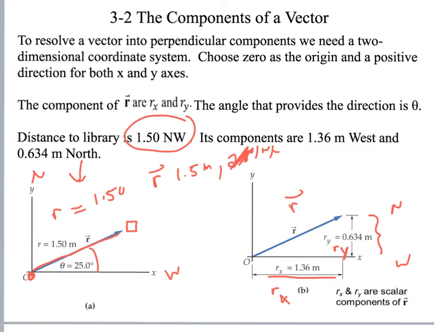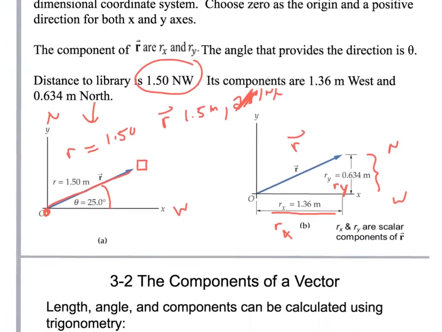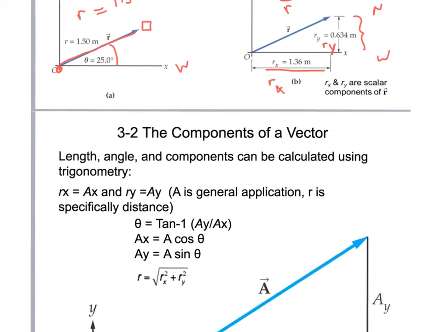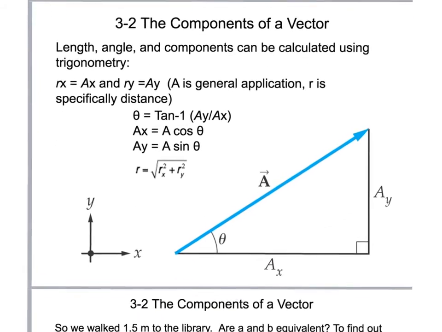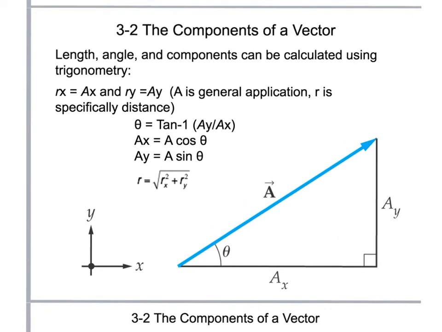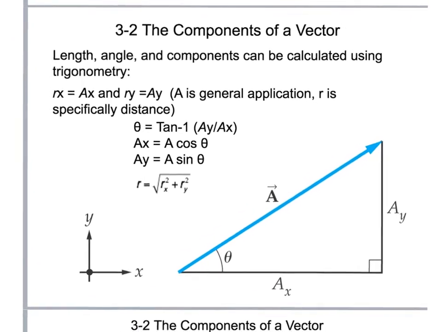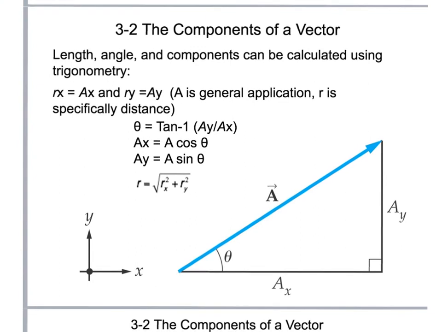In more generic terms, here we have any vector A. You can put any vector there, and it's always broken down into its Y component and its X component, and here's our coordinate system that tells us that.